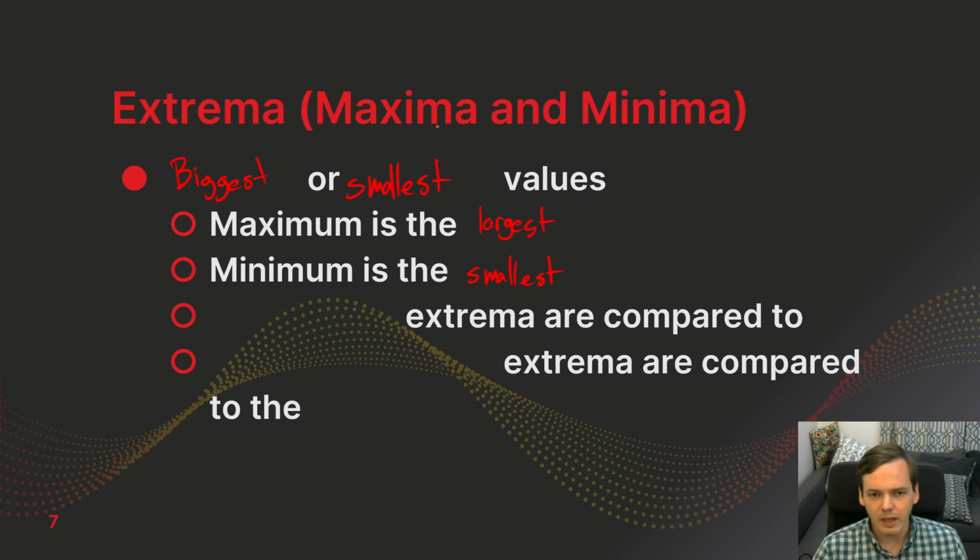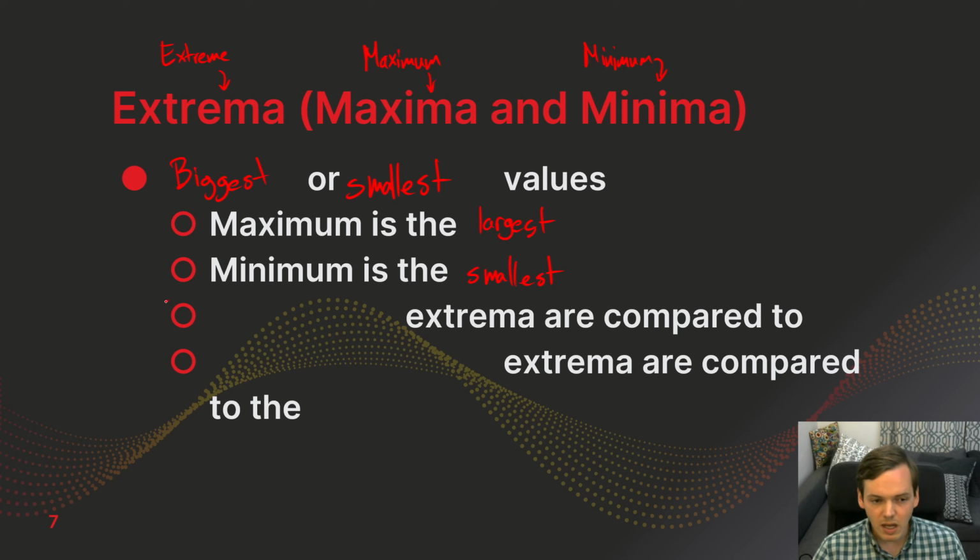And I'll point out that because of the weird Latin, the plural for maximum is maxima, and the plural for minimum is minima, and the plural for extreme is extrema. It's a weird, unfortunate Latin thing that's not like conventional standard. Well, it's not like most of English.